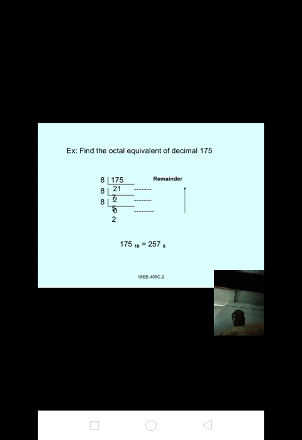Next 8 0s are 0, our remainder is 2. 175 base 10 equals 257 base 8.